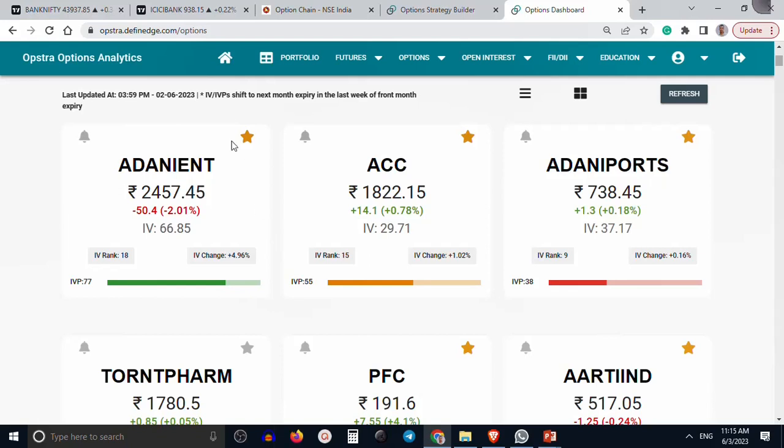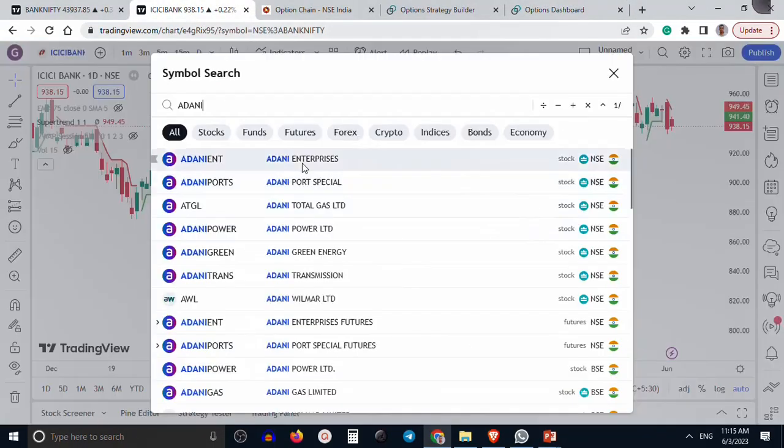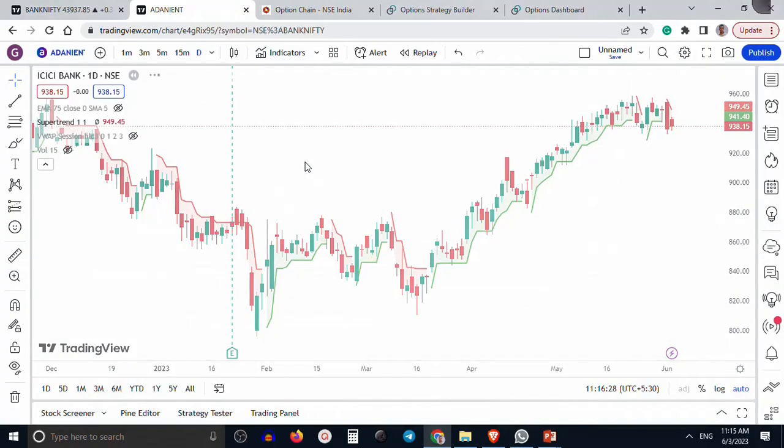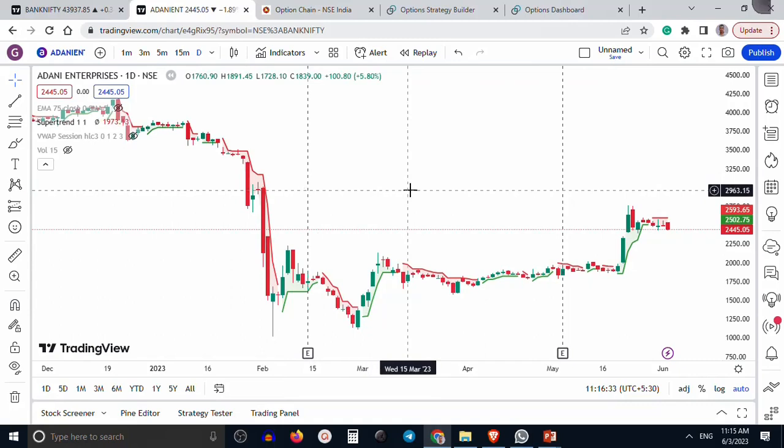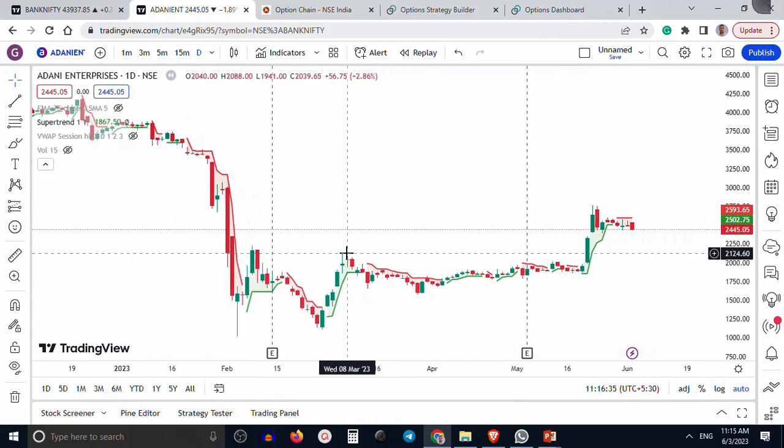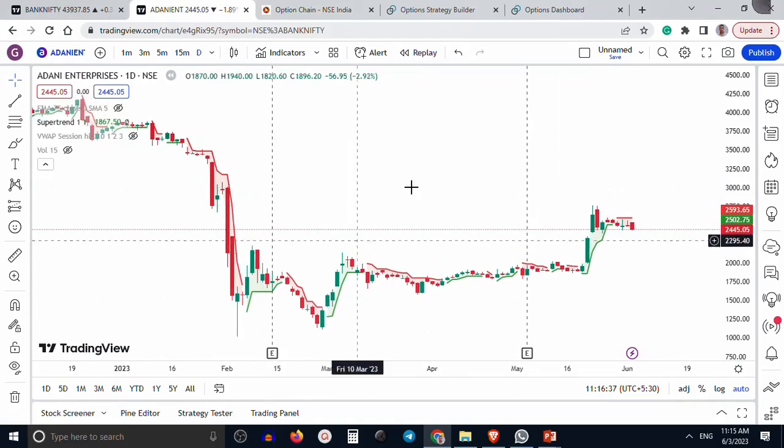Let me show you first what type of pattern they are forming. First, let me check Adani Enterprise. You can see Adani Enterprise is in an uptrend.